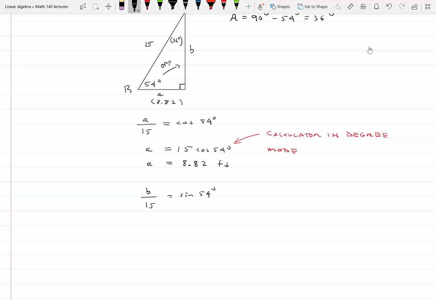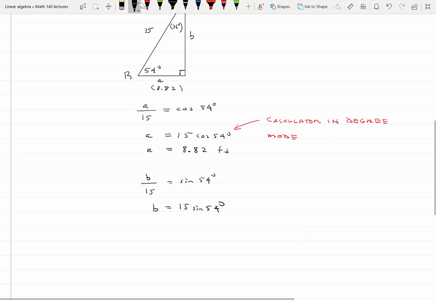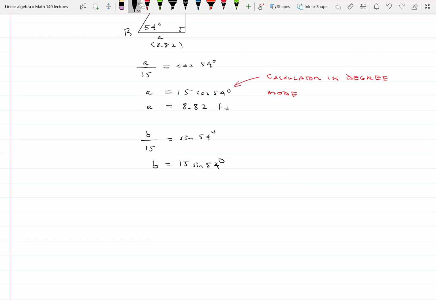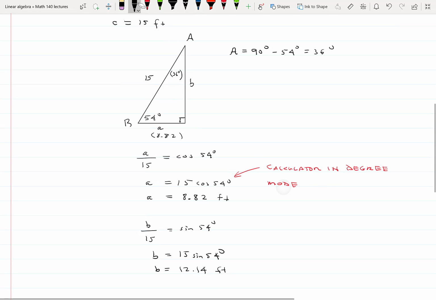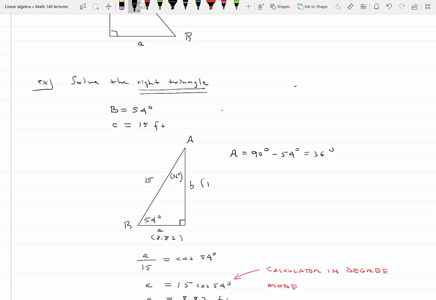B over 15 is sine of 54. Then we multiply both sides by 15, so B equals 15 times the sine of 54 degrees, and to 2 decimal places, and once again make sure your calculator's in degree mode, 12.14 feet.